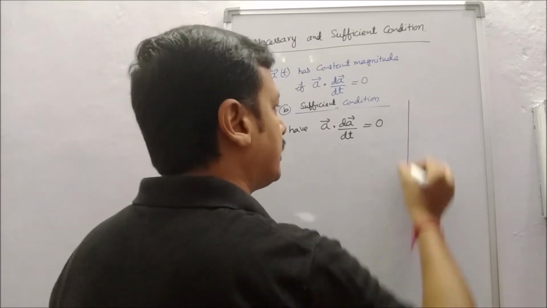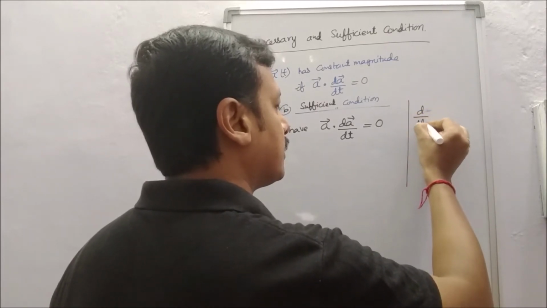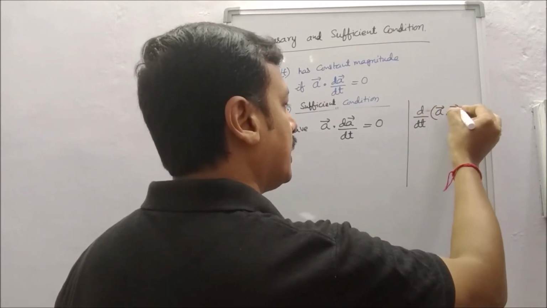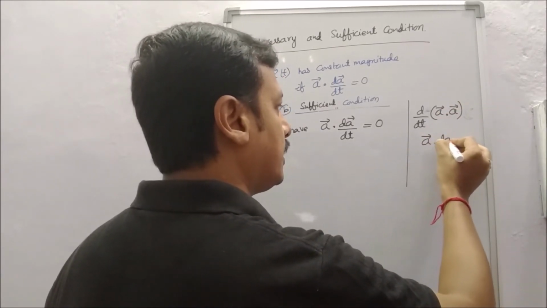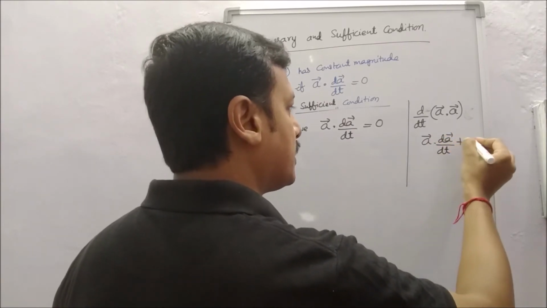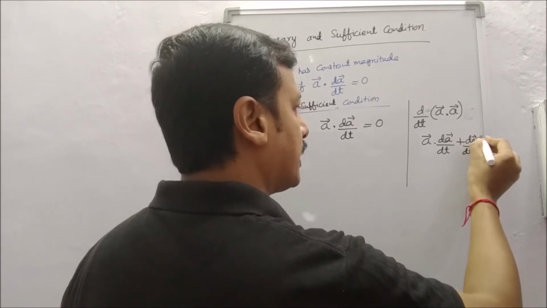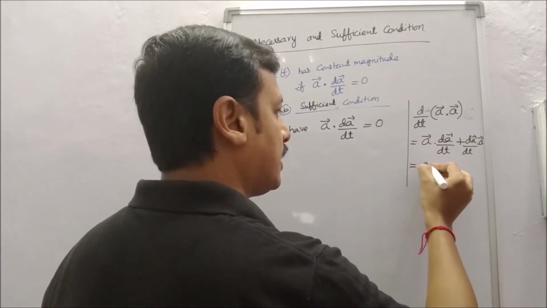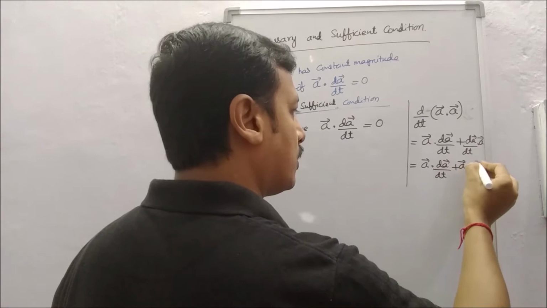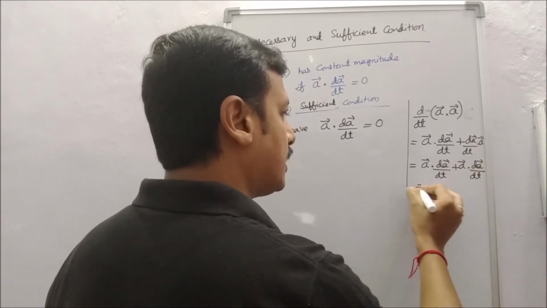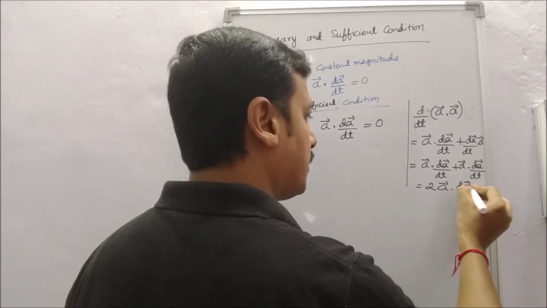As we know that d/dt of A dot A can be written as A dot dA/dt plus dA/dt dot A, that is A dot dA/dt plus A dot dA/dt, that is 2 times A dot dA/dt.